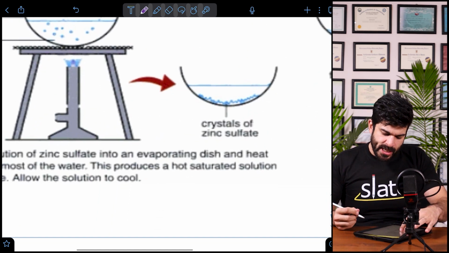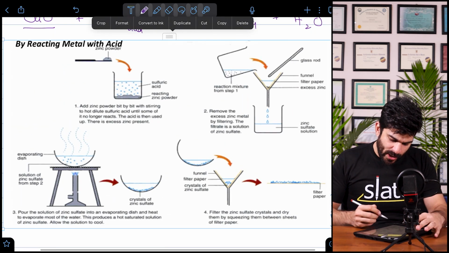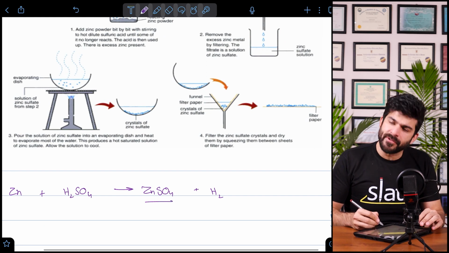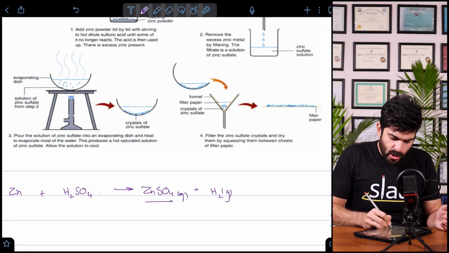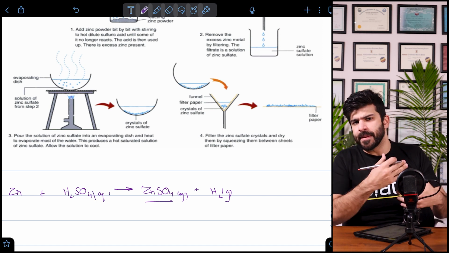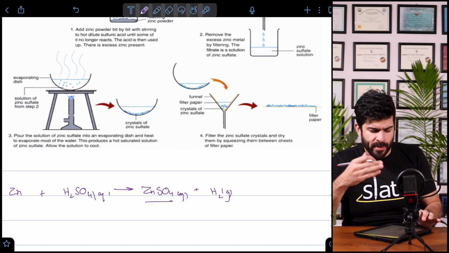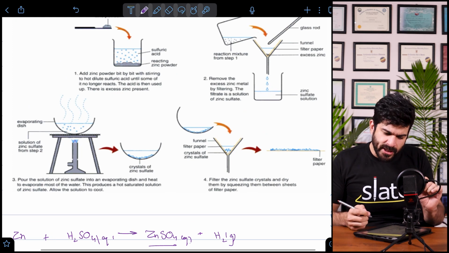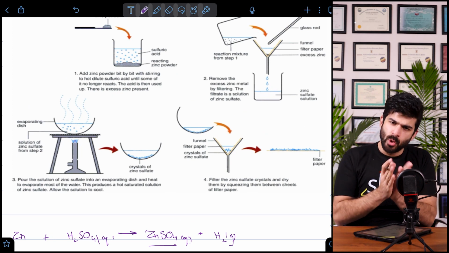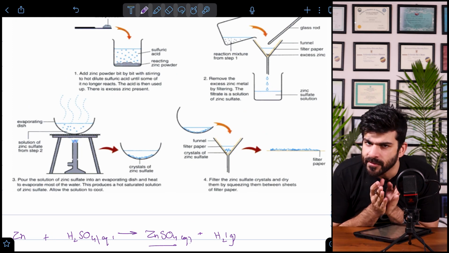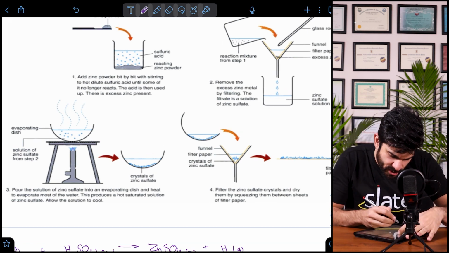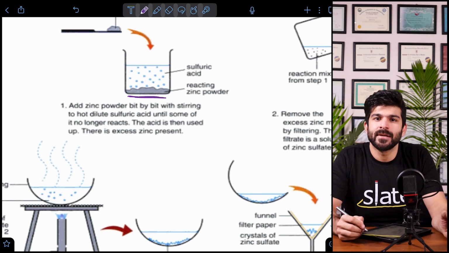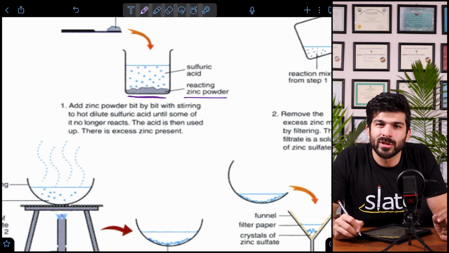As long as we keep on adding zinc, the zinc will react with sulfuric acid and it will form zinc sulfate, which is again aqueous. All sulfates are aqueous. So zinc sulfate will keep on forming. But after a time, when all the H2SO4 has been used, no more zinc sulfate will be formed. The added zinc will start settling down at the base, just like this.